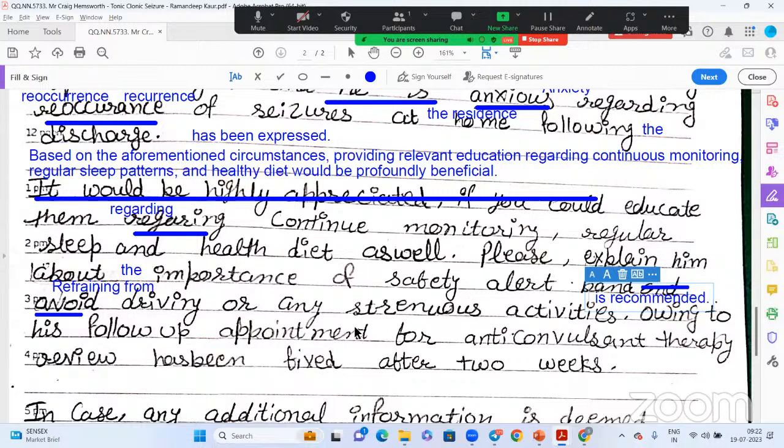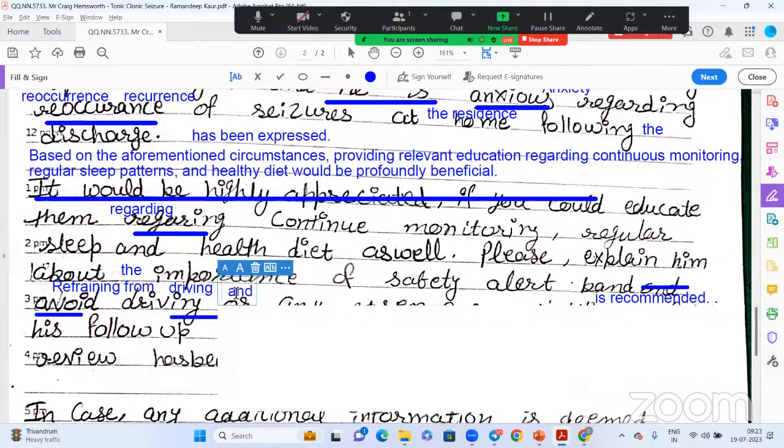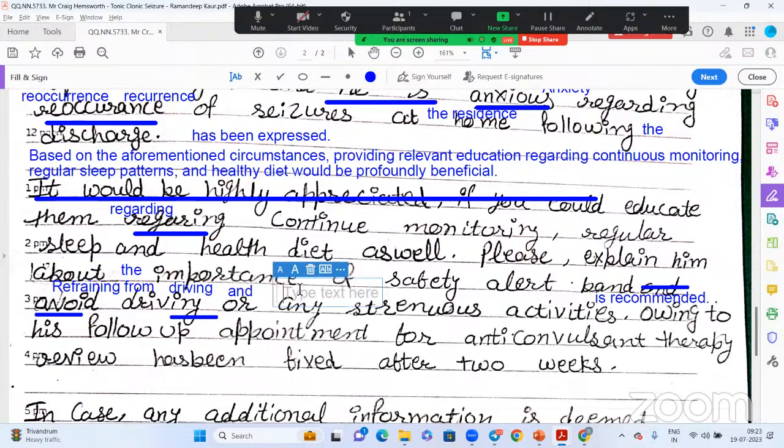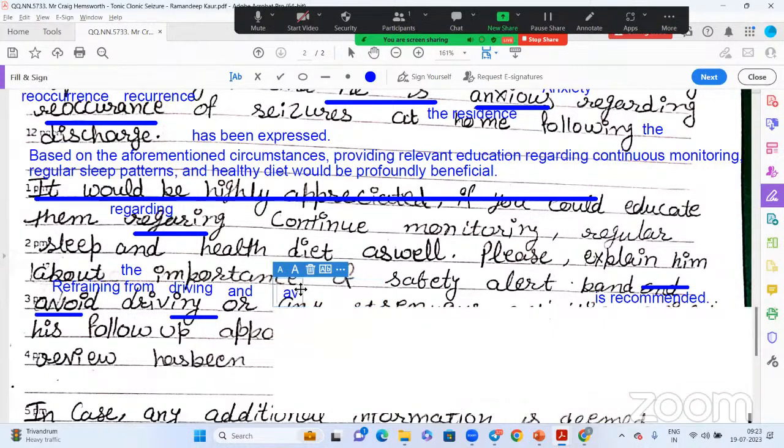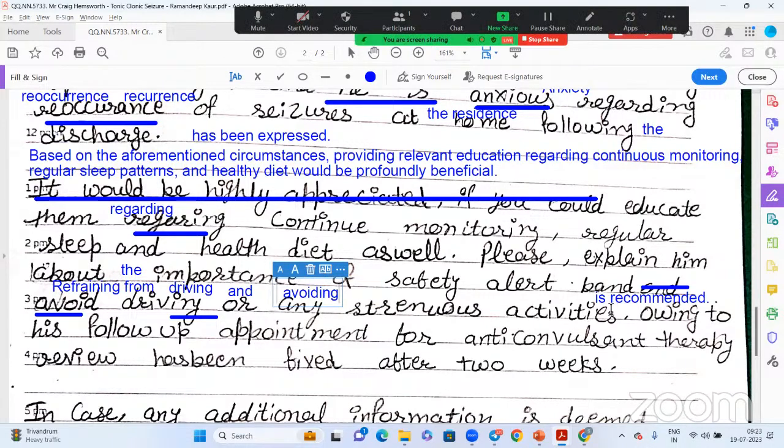The spelling of driving is with a G. So to be very clear in spelling, refraining from driving and avoiding strenuous activities are recommended. Two things now are recommended.